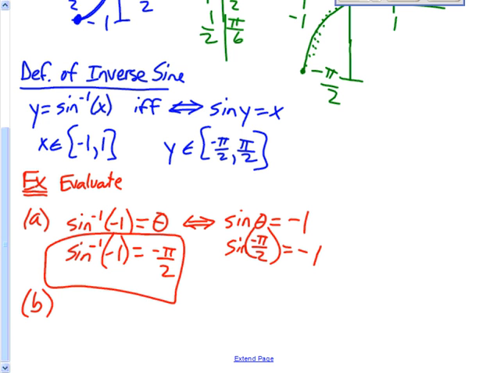Another one here. How about let's do the arc sine of 1/2. And by the way, that's the same notation, right? But you can write ARC instead of the notation above there in A. So the arc sine of 1/2. Well, I got to figure it out, right? What is it? I'll call it theta. What's it equal to? Well, that means that the sine of theta equals 1/2, right? So the sine of what value equals 1/2?